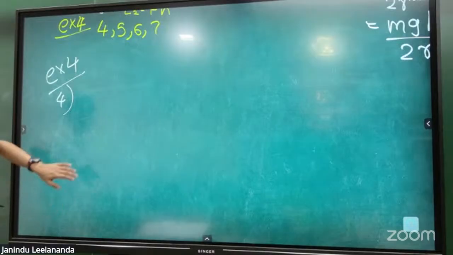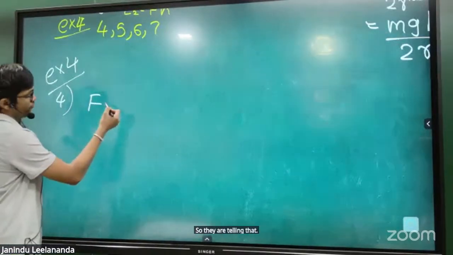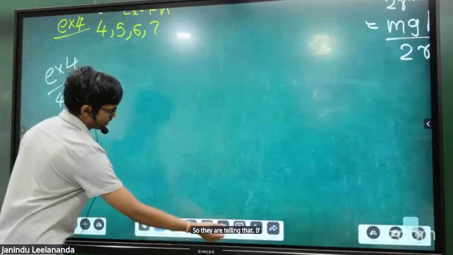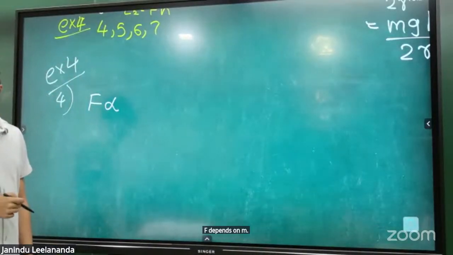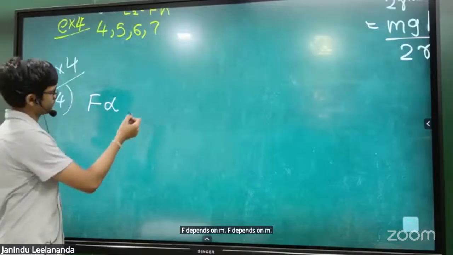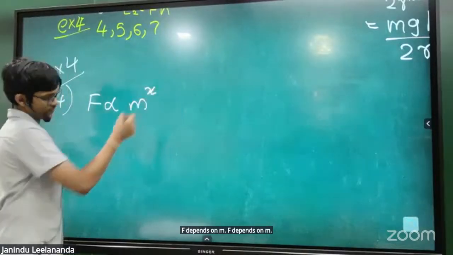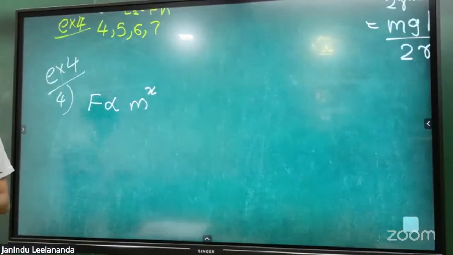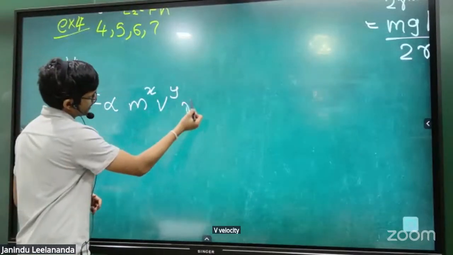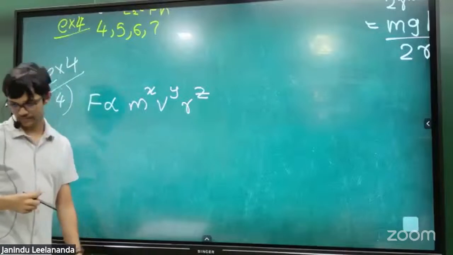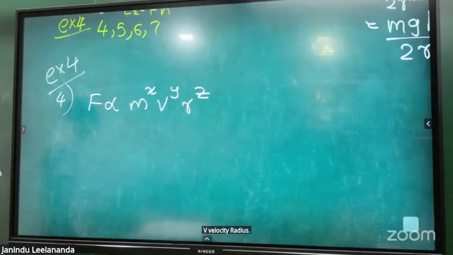So F depends on m, velocity v, and radius r.